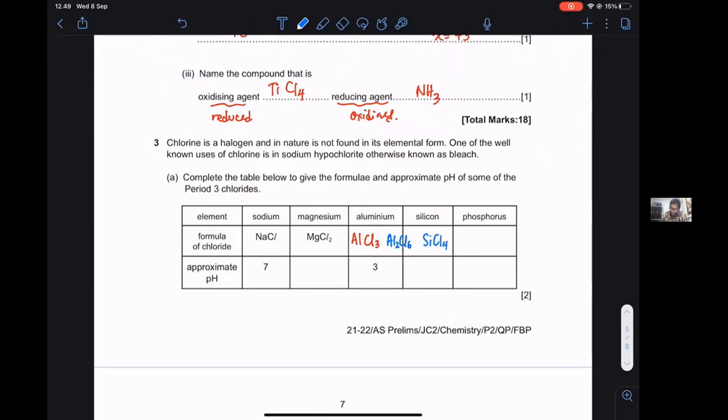For phosphorus, there are 2 answers as well: PCl3, or if you answer PCl5, also accepted. Do remember the pH that we are going to accept is 1 to 2. This one will be acidic. The answer key is 6.5, but I think anything from 6 to 6.9 we will accept. As long as it is not 7, you don't show it's 7. It must be slightly acidic.